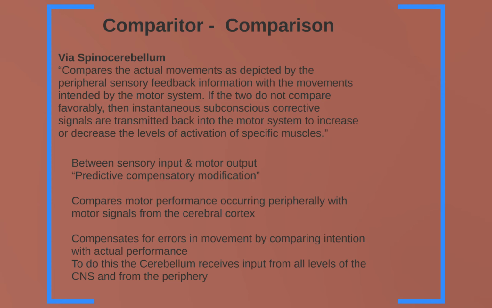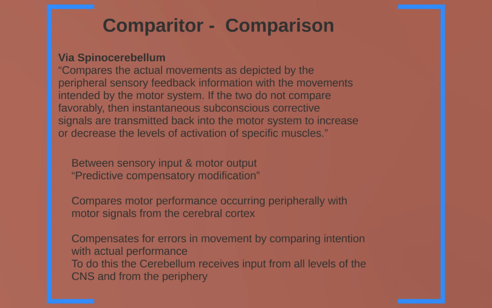It does this by comparing motor performance occurring peripherally with motor signals from the cerebral cortex. Ultimately, this becomes an excellent source of compensation for errors in our movement. The better we are at compensating for these errors, the smoother our movement will be.